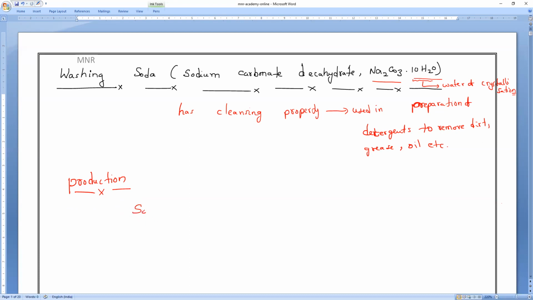What is the name of the process? Solvay process, or we also say soda ammonia process. Clear, everybody?